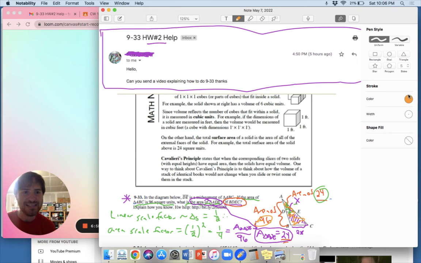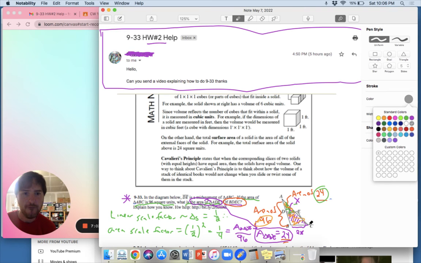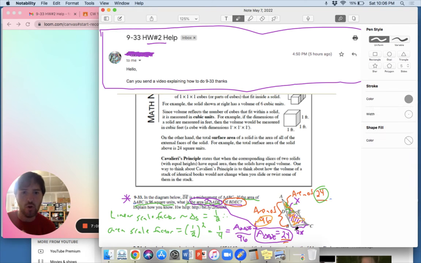Well then this piece here, this trapezoid down here, is just going to be the whole thing, which is 96, and we're going to take away that part in green. We're going to take away 24 from it, okay? So I'm going to do 96 minus 24, and that's going to equal 72. And that is my answer for trapezoid BDEC.